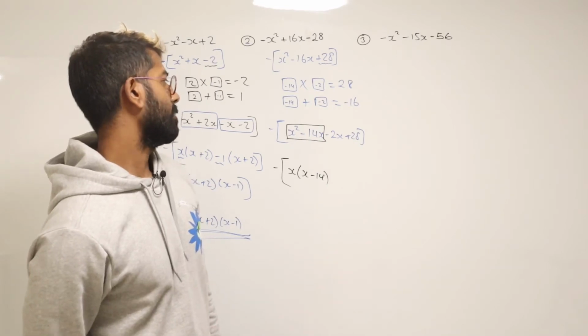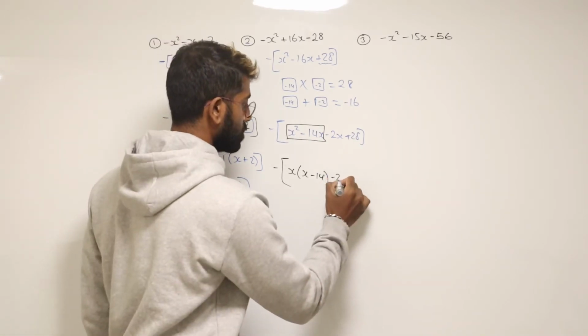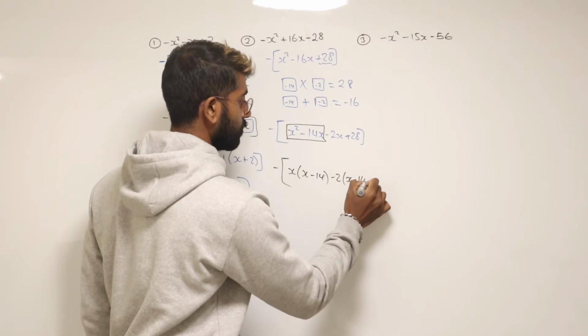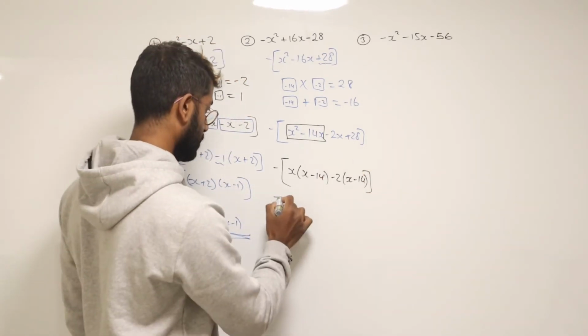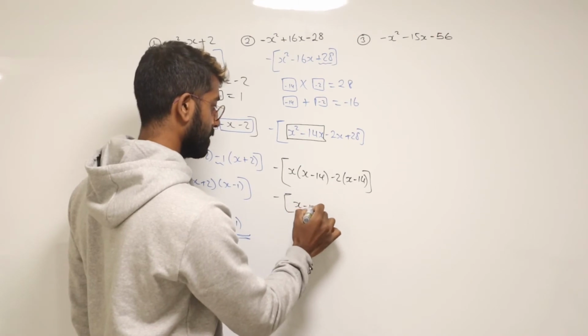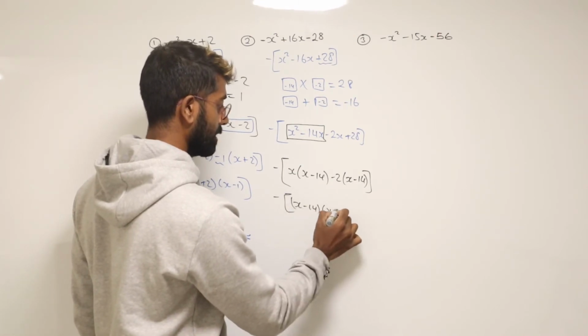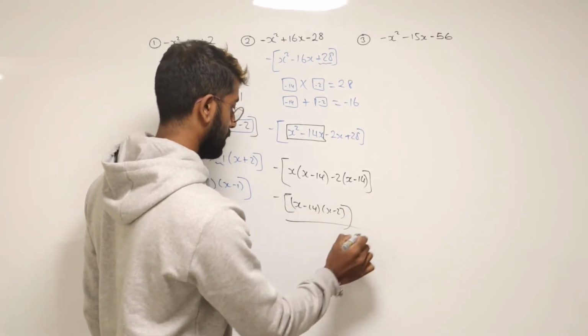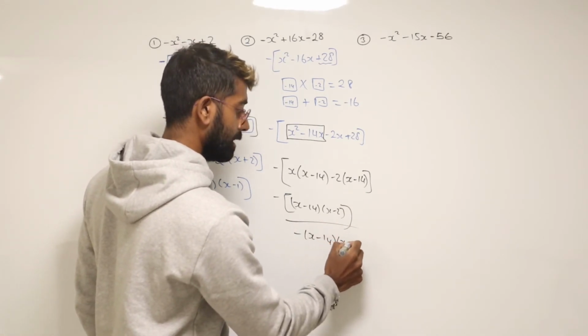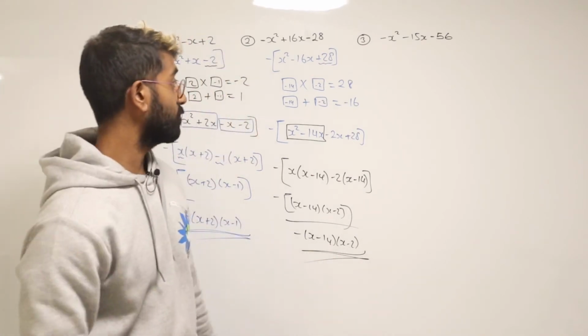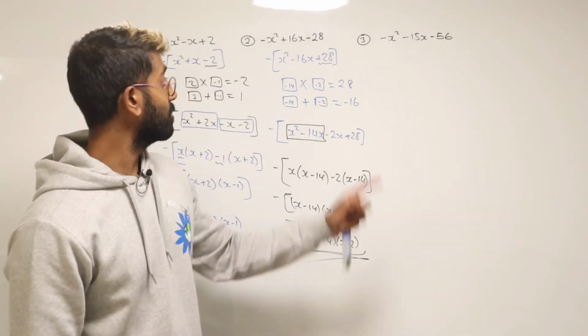I think we should take out maybe -2. So we'll go -2 on the outside, and then x minus 14. That's all good because these two brackets match up, so that's wonderful. And then we'll have x minus 14 and x minus 2. Done. Times through by that negative, so we'll have minus, x minus 14 and x minus 2. There we go, and that's fully factorized too. One more to go. Let's get that one done.